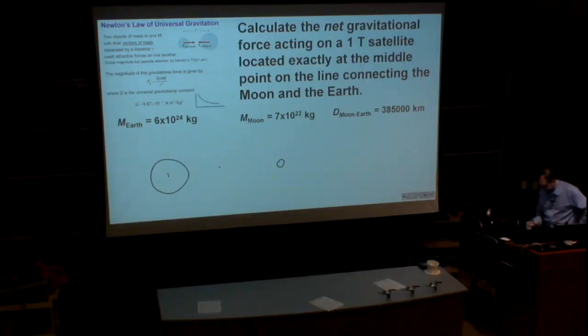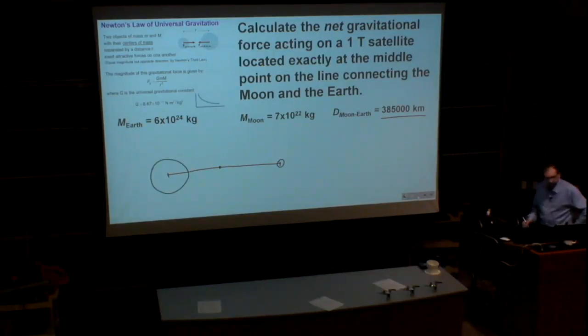You can search online for the distance between the center of the Earth and the center of the Moon. It's about this number in kilometers. The masses have been measured, and the satellite is right here.